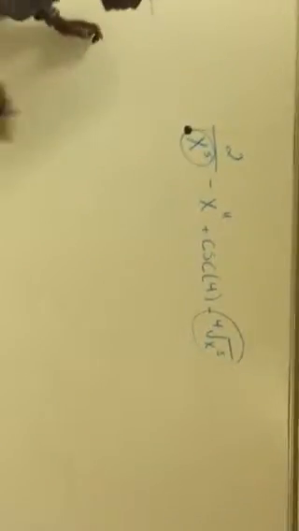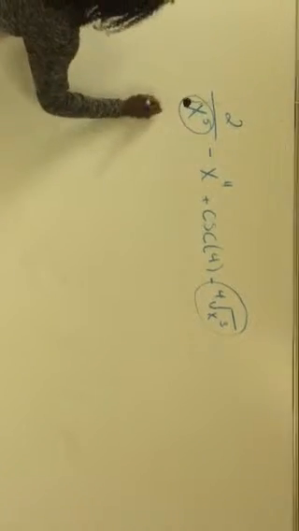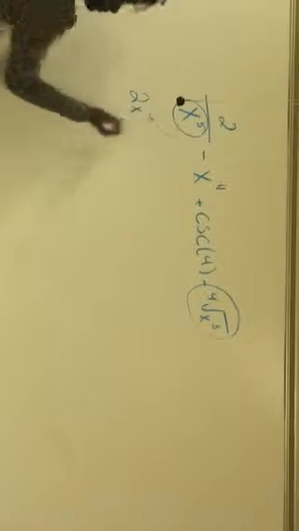So before we do anything, we have to get rid of the radicals and exponents that are in the denominator. To get this out of the denominator, we change the 5 to negative. So we're going to have 2x to the negative 5th.